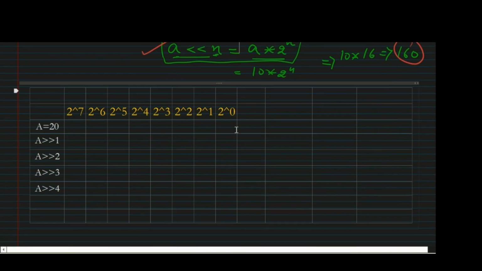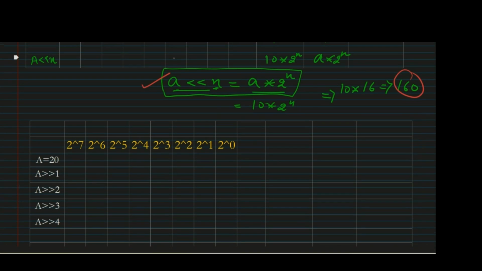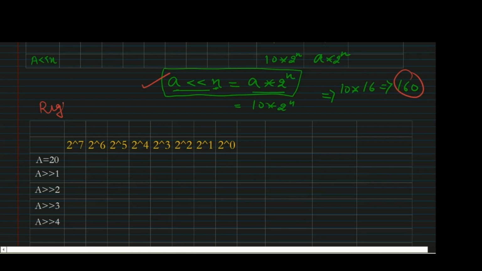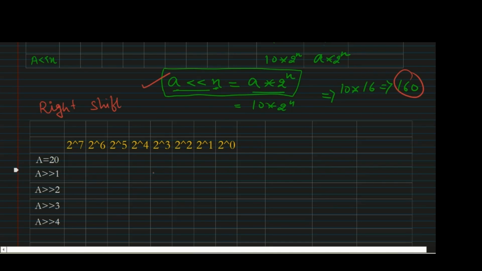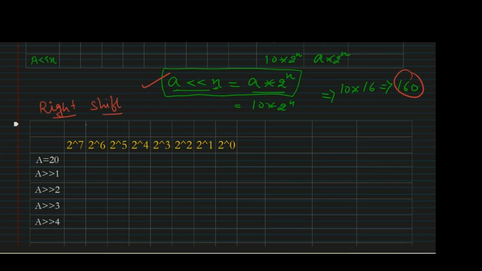So let's talk about the right shift operator. Similarly, as we did in the left shift operator, we are just shifting towards right. Instead of left, we will move towards right. So we know the binary representation for 20 will be 1 0 1 0 0.